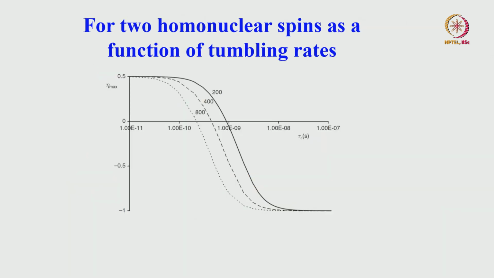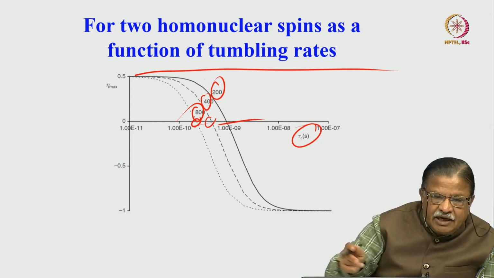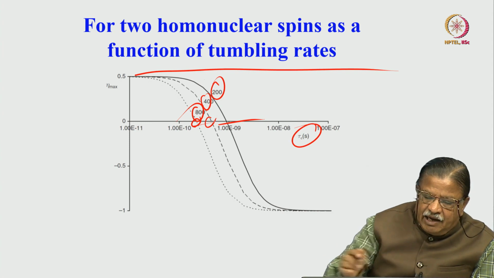This can be shown graphically like this. What will happen when I change the resonating frequency? How does it change? For two homonuclear spins as a function of tumbling rates, these are the tumbling rates, but at different Larmor frequencies, at 200, 400 and so on. By and large it follows the same pattern, but the only thing is omega tau c is shifted a bit, depending upon what the tau c is.